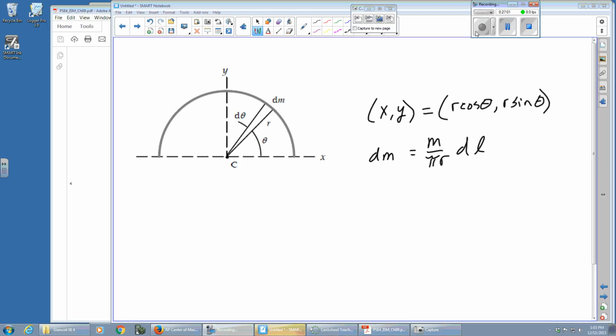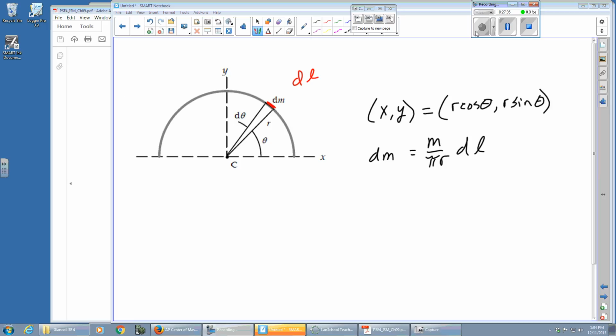That red is dl. We take the total mass divided by its arc length, pi r, and that tells us the individual pieces. That's its linear density, mass over length, rather than volumetric density.